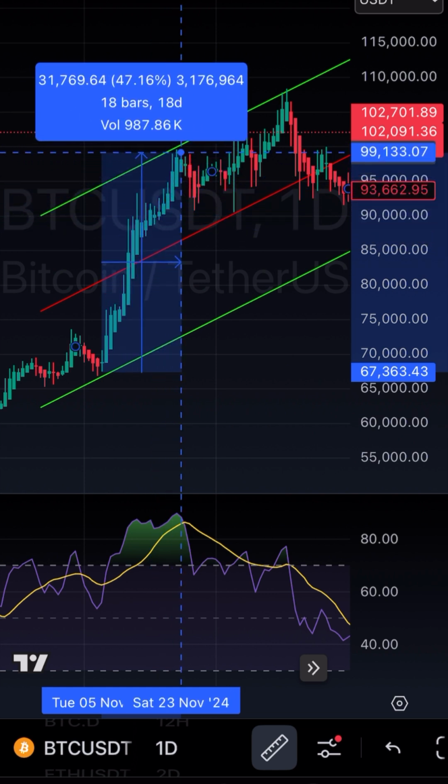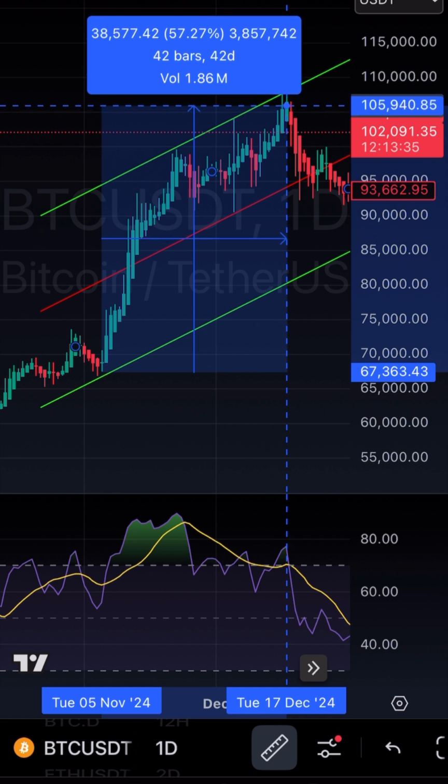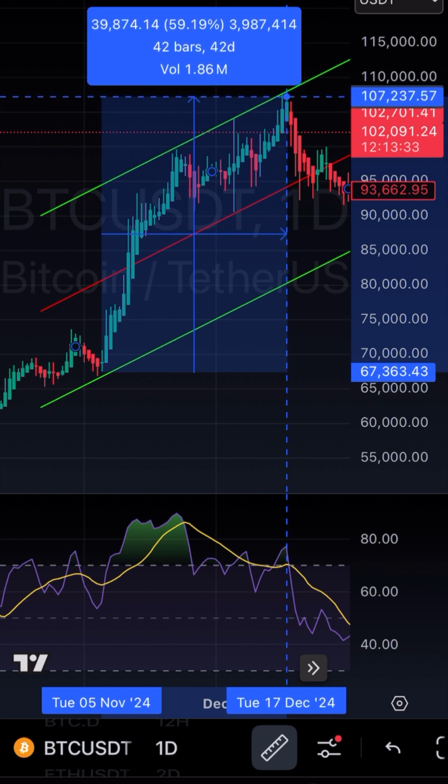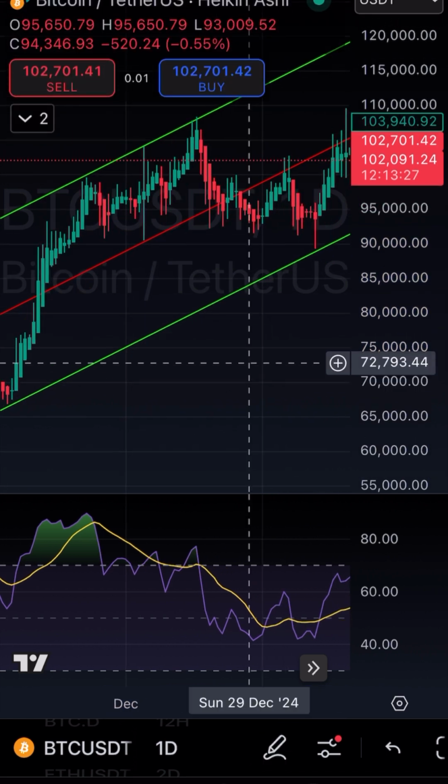If you rode it all the way up to the top, which took 18 days, you would be in profit with a 47% increase. If you kept going, and Bitcoin reached the top of this trend line, you'd still be in profit, up to 59%.